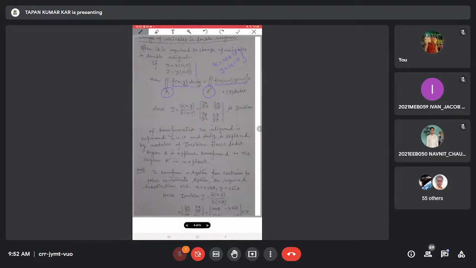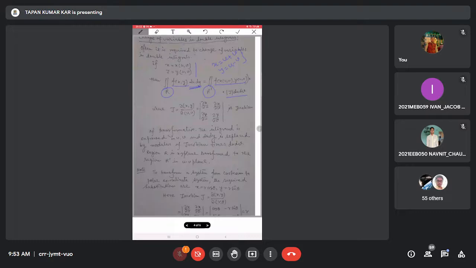And what will be dx dy? That is very important. dx dy is actually mod J du dv. Mod J is the absolute value, that is the modulus value of the Jacobian.